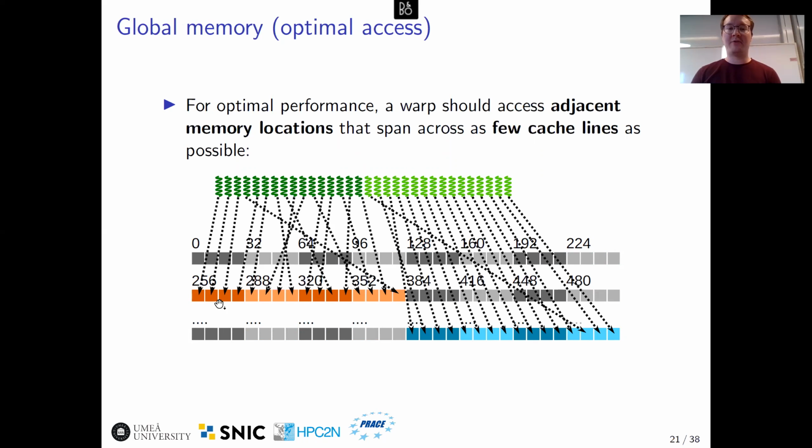In this instance, we have a quite optimal memory access pattern. The first half of the warp is going to only access memory that is on this cache line. I'm sorry, I got distracted. When I said memory page earlier, I meant the cache line. And the second half of the warp is going to access this cache line here.